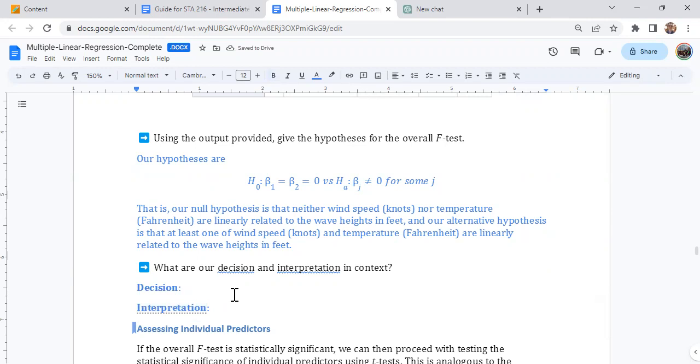The possible decisions are reject H0 or fail to reject H0. Same old story in statistics. We're always doing these hypothesis tests where we're making some decision about the null hypothesis.